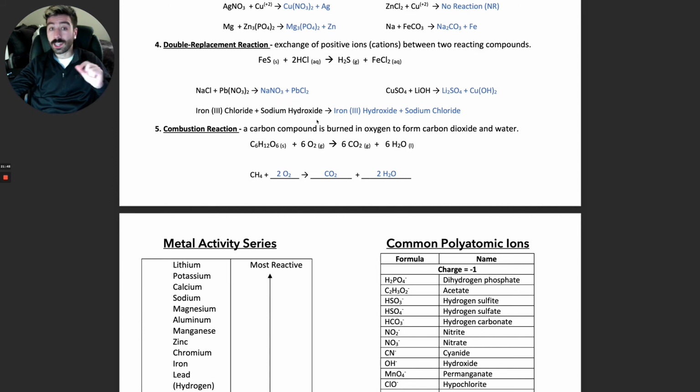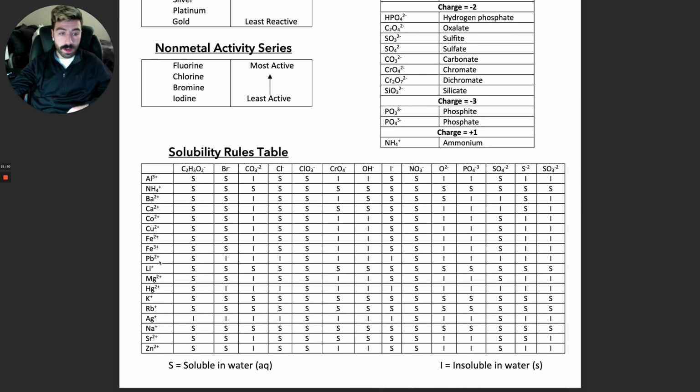What about lead chloride? So here we find lead 2, and we go over to chlorine. So lead chloride is I, insoluble in water, and that means it does not dissolve in water. So if lead chloride is formed in a solution, it will actually precipitate out and form lead chloride solid.